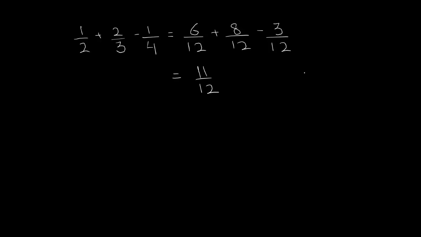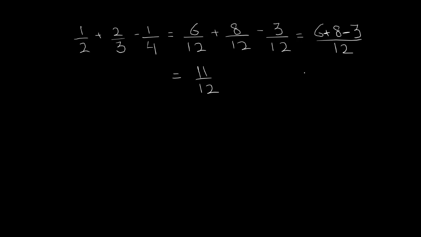Okay, just the usual rules. I'm just doing 6 plus 8 minus 3 over 12. So 6 plus 8 is 14. 14 minus 3 is 11. That's what I wrote down there.